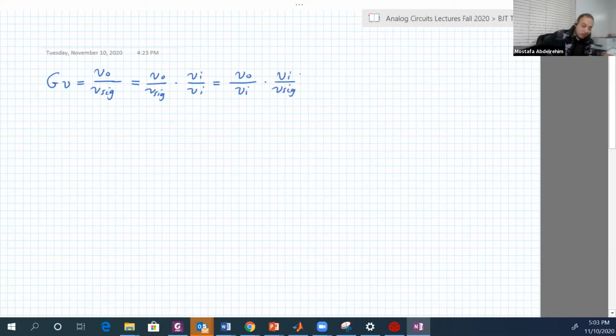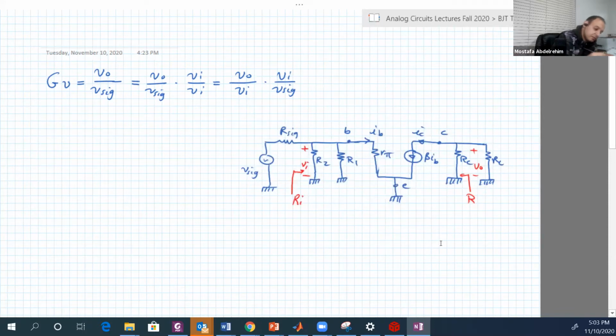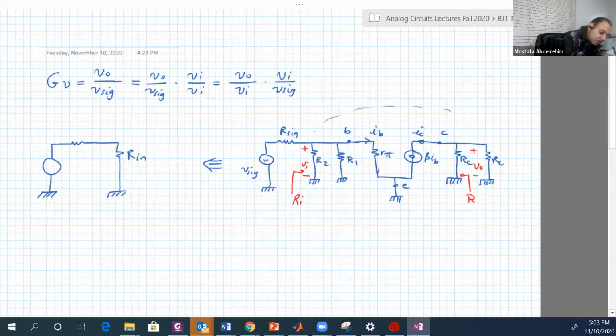Good. So let us put the circuit again. This can be reduced to the following shape. Since we already know our input, we can remove all of that and put our input instead. Here is our signal, here is V signal, and remember, here is VI.